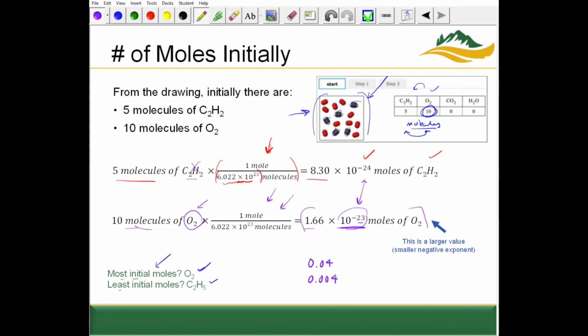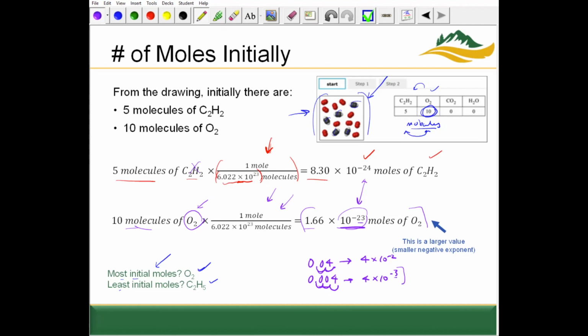How can we say that using scientific notation? Well, this would be moving the decimal point over 2 times, so 4 times 10 to the negative 2. Here we moved over 3 times, so 4 times 10 to the negative 3. This has a larger negative exponent. This is the smaller value.